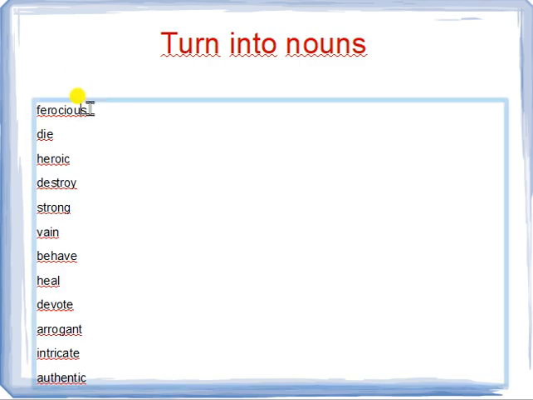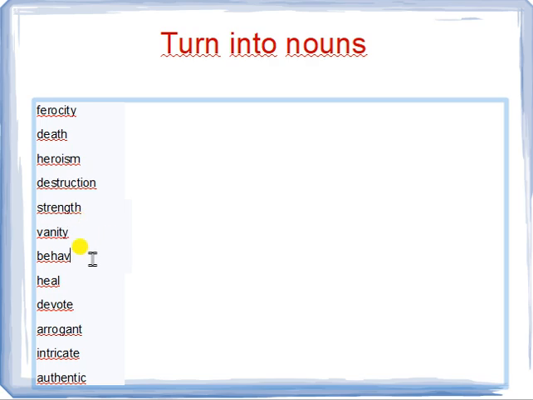Turn into nouns. He has the quality of ferocity. If you die, you have to experience death. He has the quality of heroism. It was terrible to witness the destruction. He has the quality of strength. She has the quality of vanity.